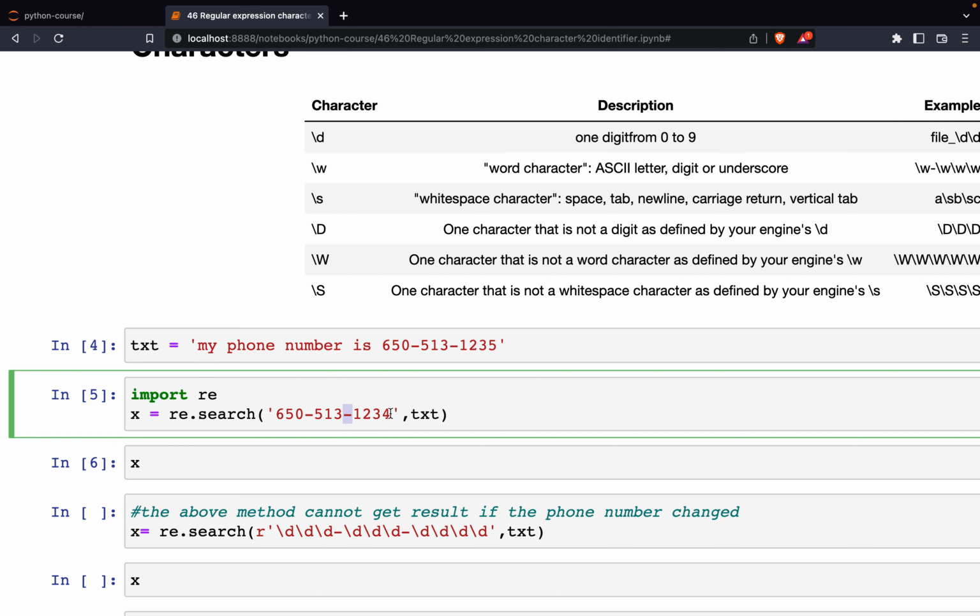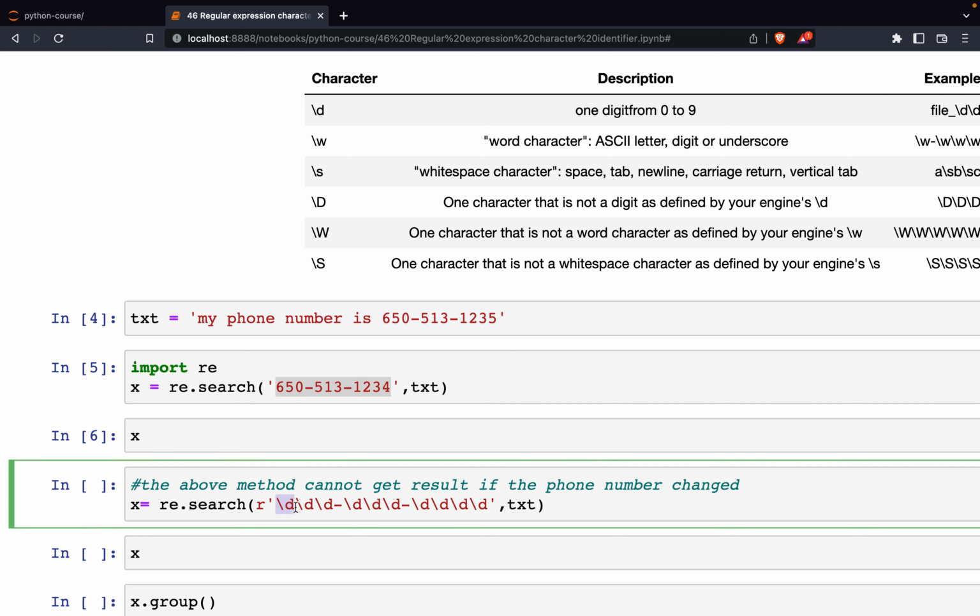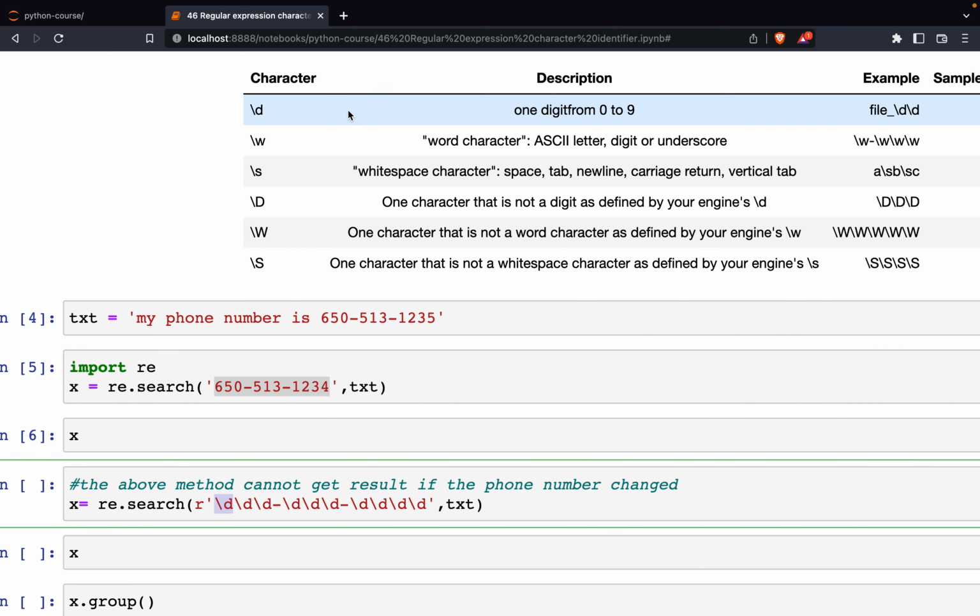Then we can write like this, and instead of using the exact numbers, we can use \d, because \d actually means 1 digit from 0 to 9, so we can use \d 3 times, and then \d 3 times, and \d 4 times.